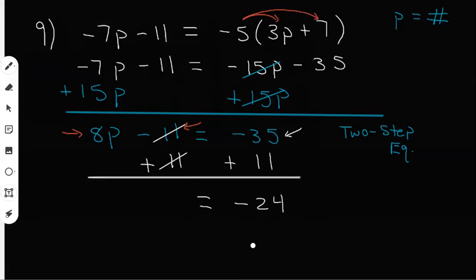Now on the left side, since I canceled out the 11s, I'm only left with 8p. And I can get rid of the 8 by dividing both sides by 8. And I get p equals negative 3.